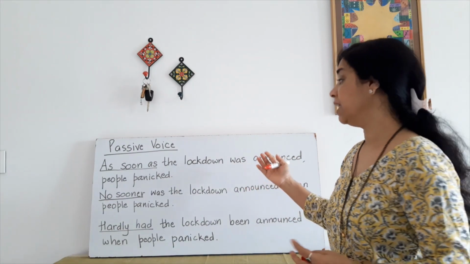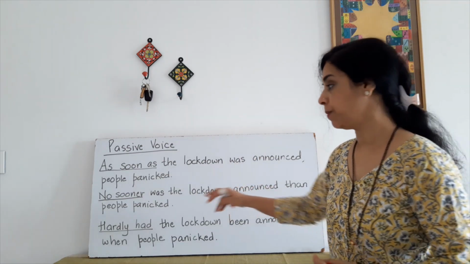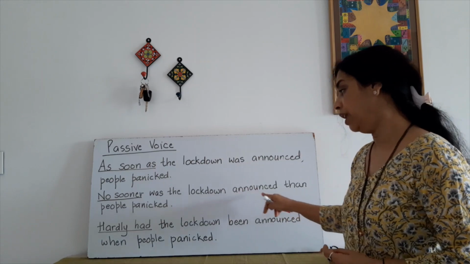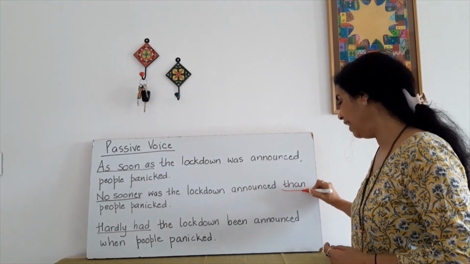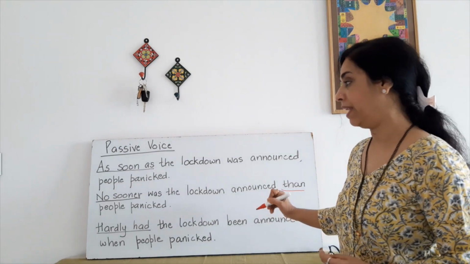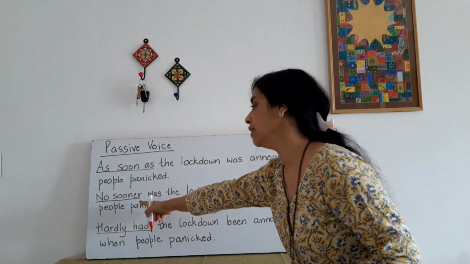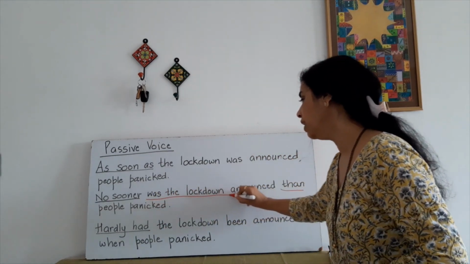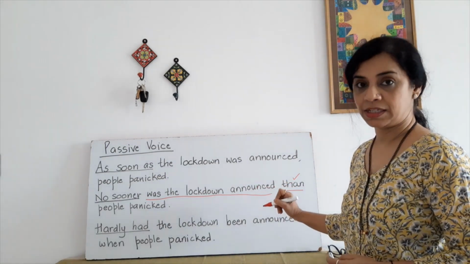Now, when this sentence is in the passive voice, how do you change it? No sooner was the lockdown announced, the friend has to be there, than people panicked. Past tense, passive voice. No sooner was the lockdown announced than people panicked.